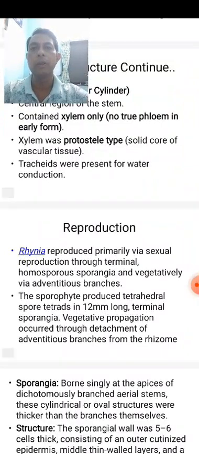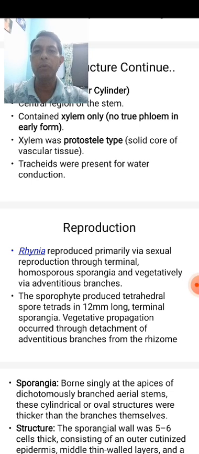Now, Rhynia reproduces primarily via sexual reproduction through terminal homosporous sporangia, and vegetatively via adventitious branches. The sporophyte produces tetrahedral spores, or tetrads, in long terminal sporangia, and vegetative propagation occurs through detachment of adventitious branches of the rhizome.